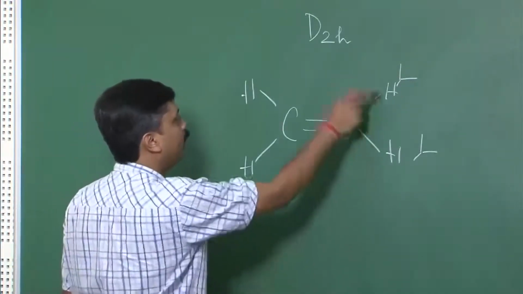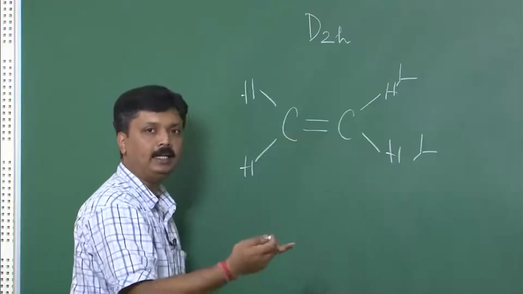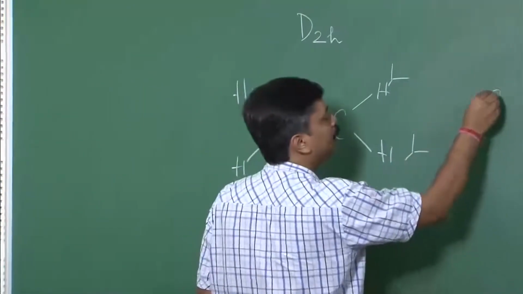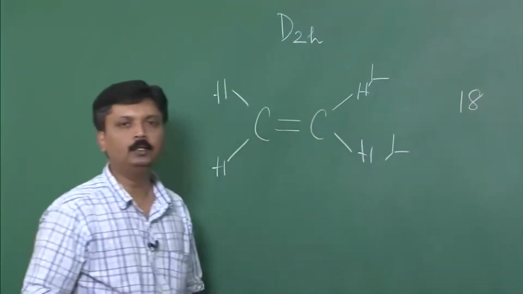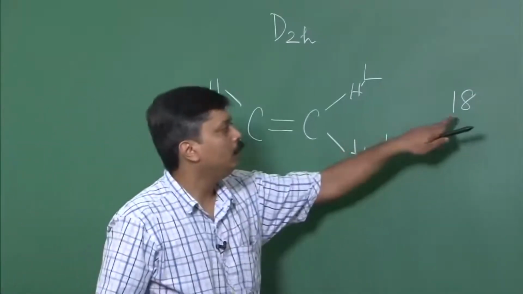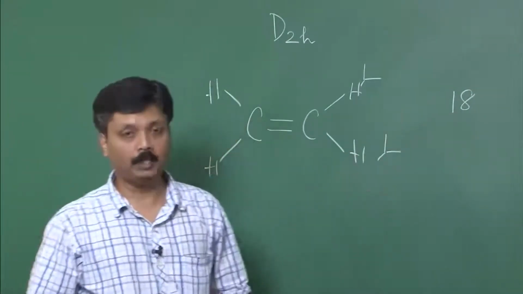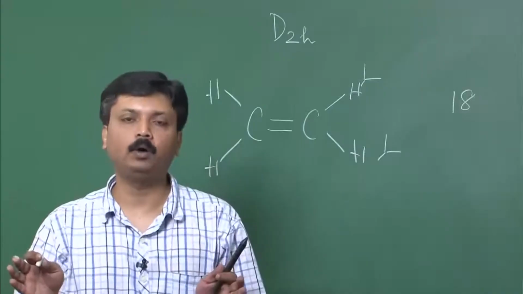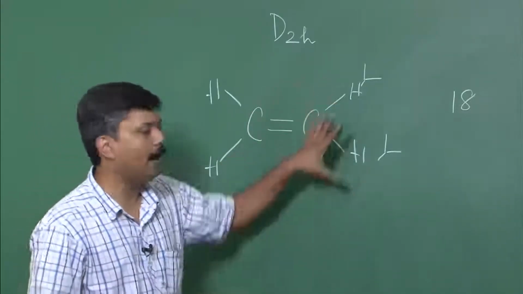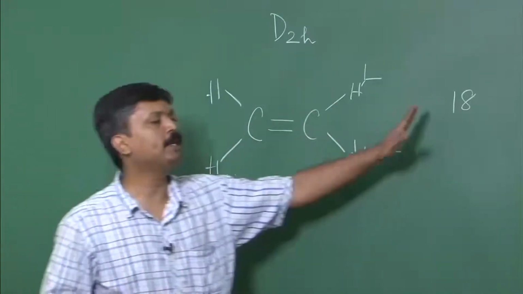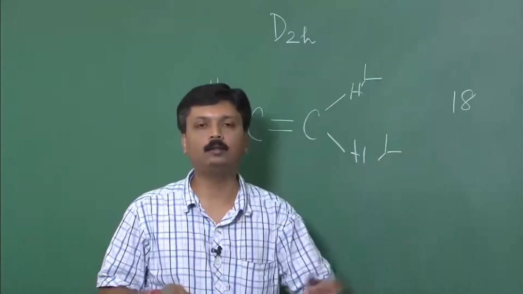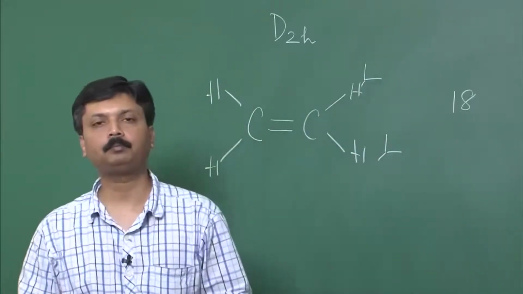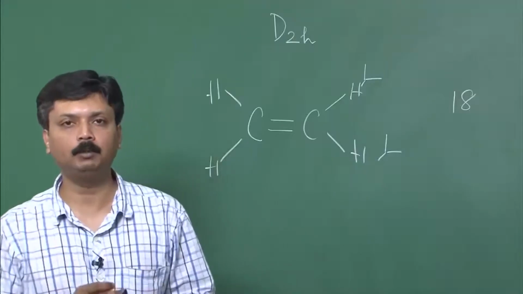So in total I have 6 atoms, 6 into 3, 18 coordinates altogether, right? So if I use all the XYZ coordinates for all the atoms, then I will get 18 by 18 matrices for each of the symmetry operations.